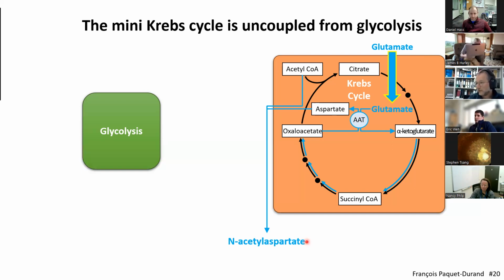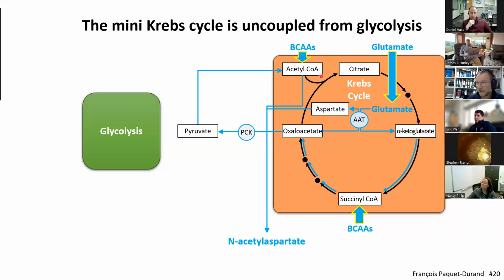So if you do this, you can enter not only glutamate, you can also enter branched-chain amino acids, either at the level of acetyl-CoA or at the level of succinyl-CoA. And this will generate additional reducing equivalents or GTP. And if at some point you would ever run out of acetyl-CoA, then you can use pyruvate carboxykinase to regenerate pyruvate and generate acetyl-CoA from this.